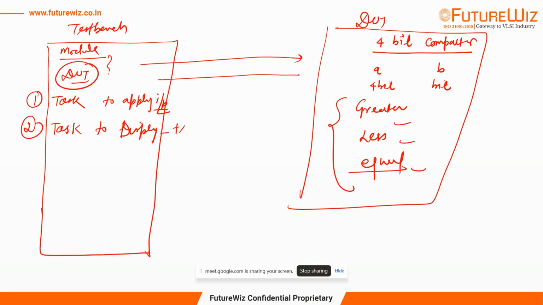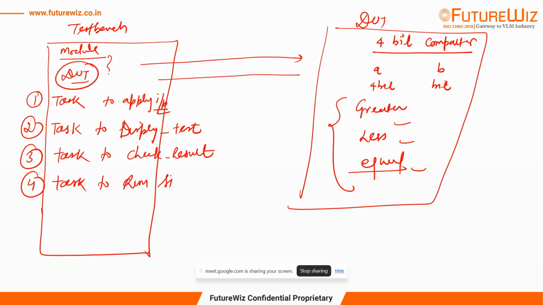Third, a task to check the result. Fourth, a task to run a single test case. And then we write the random test cases.